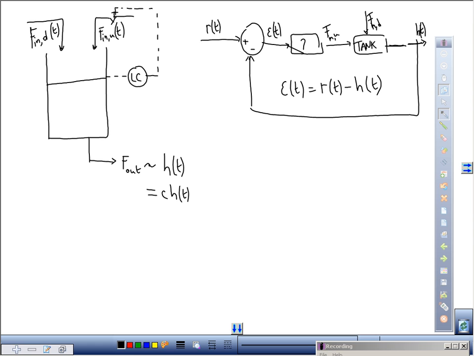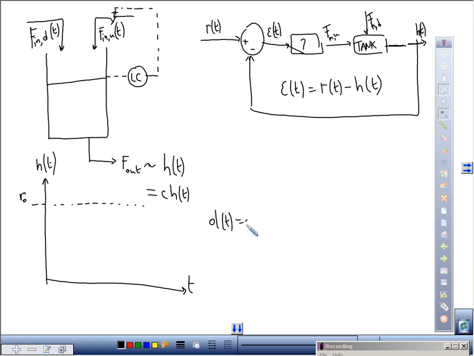Okay, well, what can we do? Suppose for a second I have a constant reference, R0, and I have, for now, a constant disturbance D0, or, as you like, F in D0.